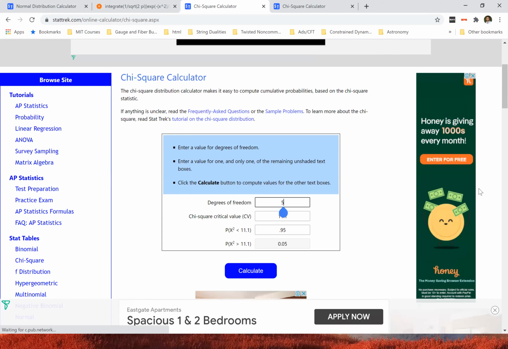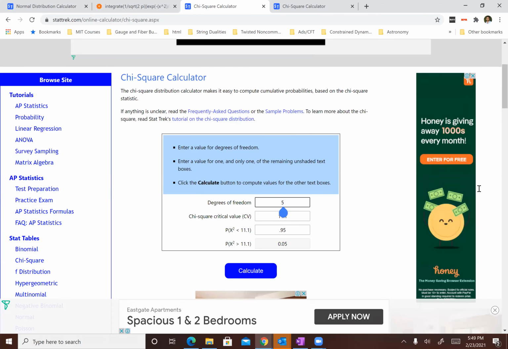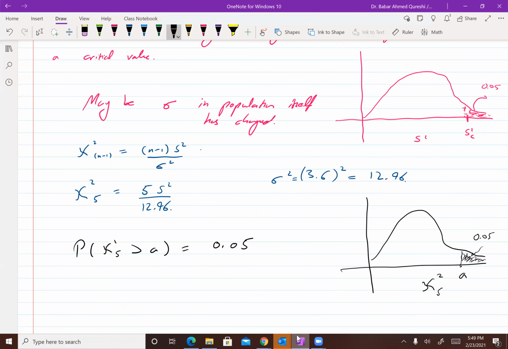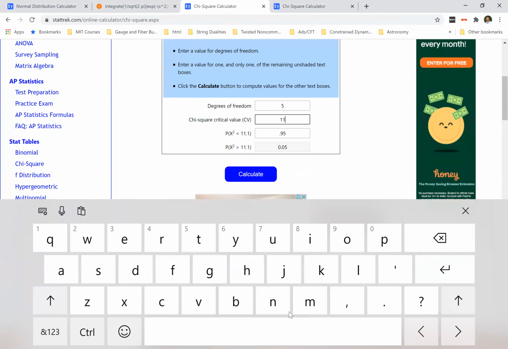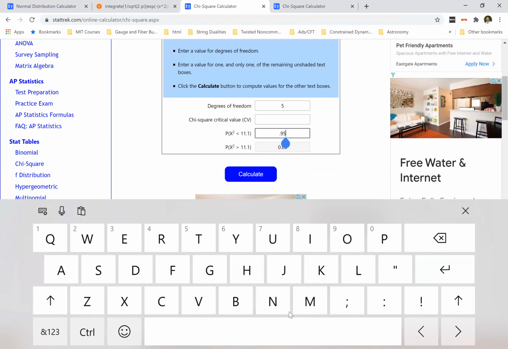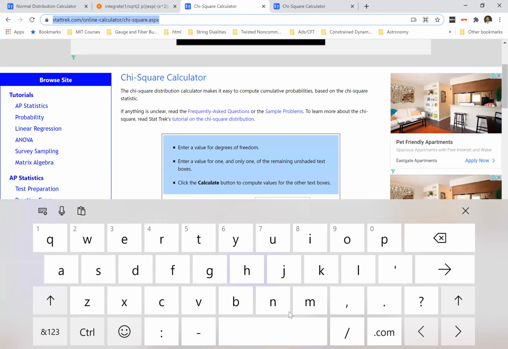So I put in, it asks for the degree of freedom, which is this lower index on this thing. So it is 5 for us. And I want to compute the chi-square critical value, where the probability, because it tells me the probability of chi-square being less than, well, I should probably do a new window.